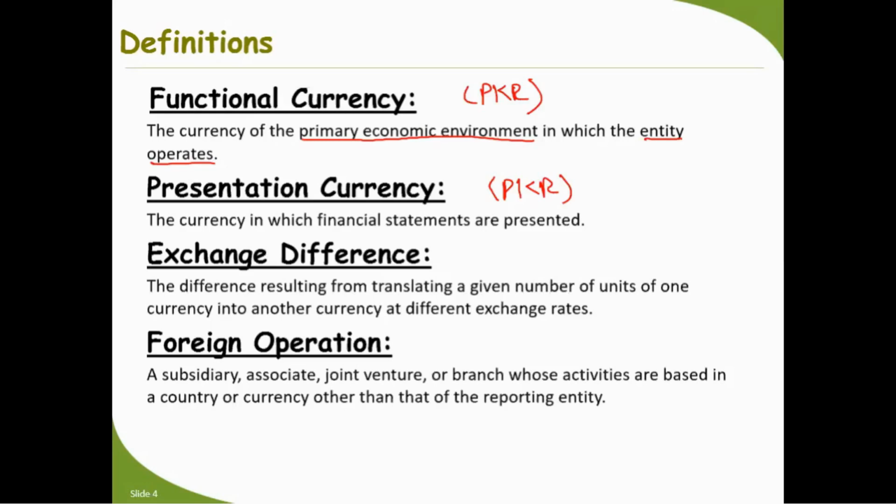Then foreign operations: if you have any subsidiary, associate, joint venture or branch whose activities are done in another country or currency than that of your reporting currency, that is called foreign operations.